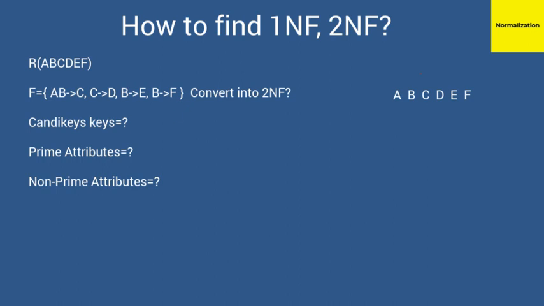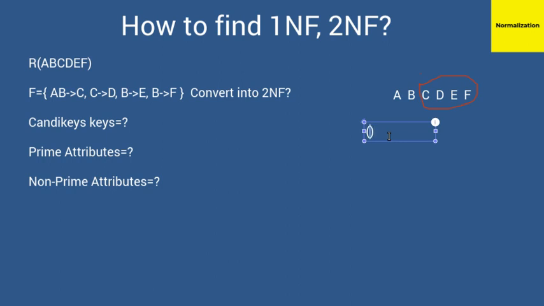So now we can find the attributes. What is present on the right side? You have C, D, E, F. So mark all of those: C, D, E, F. So what are the remaining? A, B. So let us try to find AB plus.